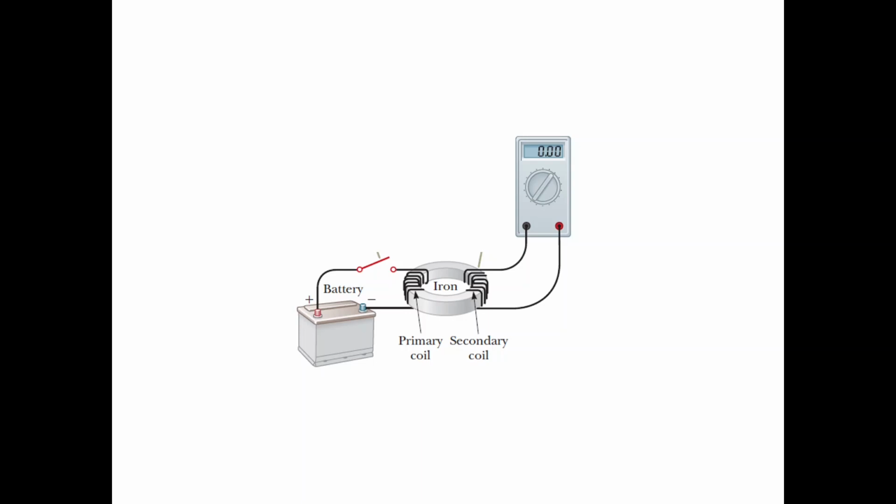So we turn on this switch. What happens here? We start to increase the current, and a bit later we will consider RL electric circuits, resistor inductor. Because of some inductance of this coil, the current will not increase instantaneously.